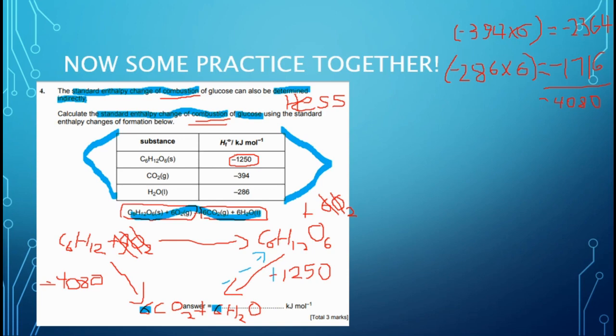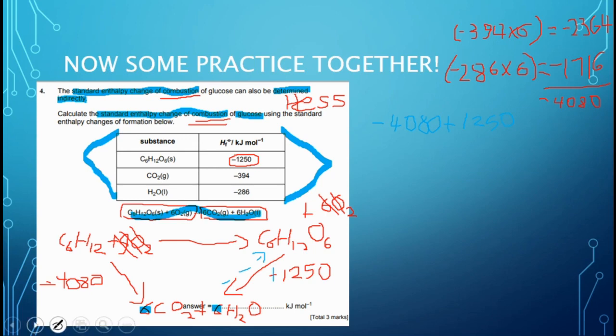Because the arrow changes direction, it becomes the opposite of what it was originally. So now we'll have 4080 plus 1250.